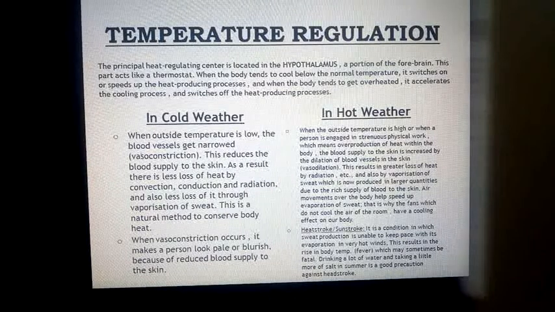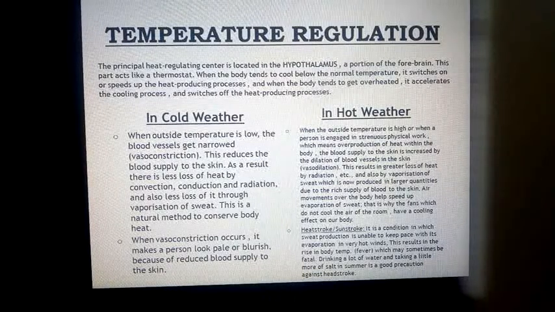This is a natural method to conserve body heat. When vasoconstriction occurs, it makes a person look pale or bluish because of reduced blood supply to the skin.